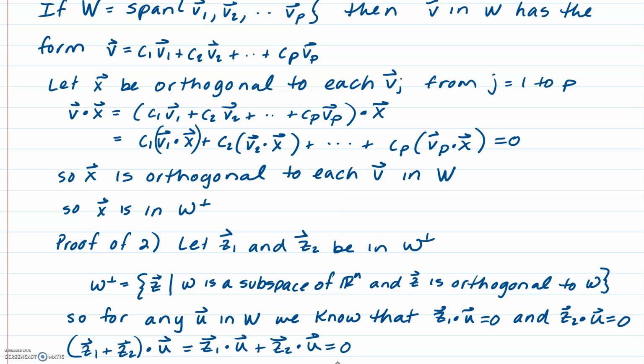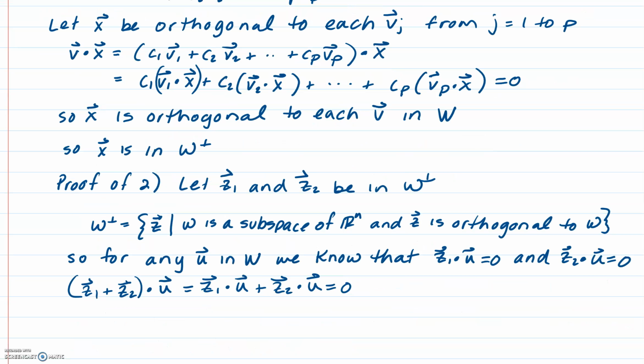Now let's see if it's closed under scalar multiplication. Is c times Z1 in W complement? I'm going to look at cZ1 dotted with my same U. That is the same as c times Z1 dotted with U, which is 0 because Z1 is orthogonal to any vector in W. So it is closed under scalar multiplication.